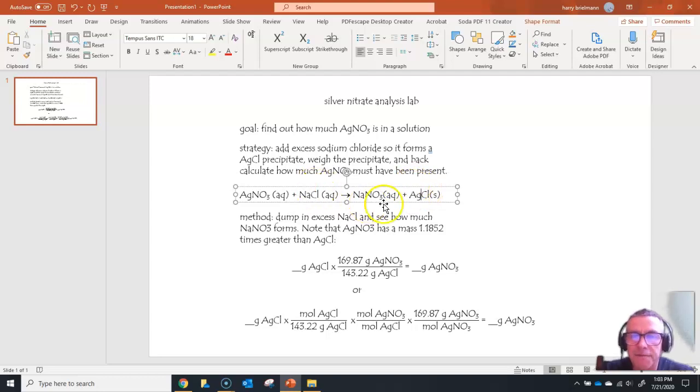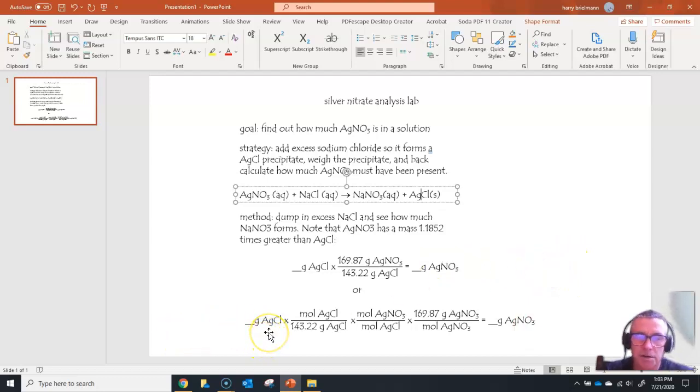For every molecule of silver chloride that formed, it came from one molecule of silver nitrate, so that's wonderful. Since silver nitrate weighs a little bit more than silver chloride, that would be our multiplying factor, which is 1.1852. And that would be the fastest way to calculate it. That's typically not the way they teach it, however. They do a long analysis like this.